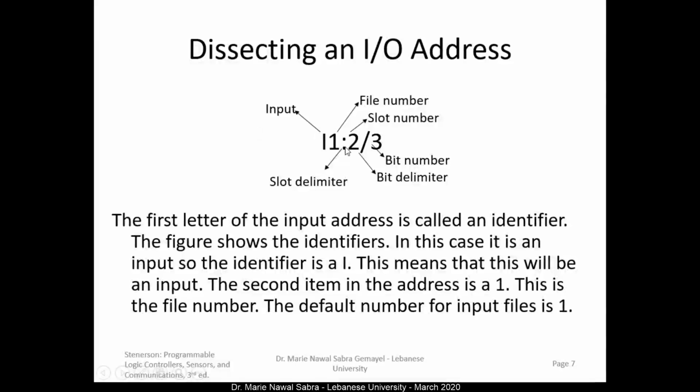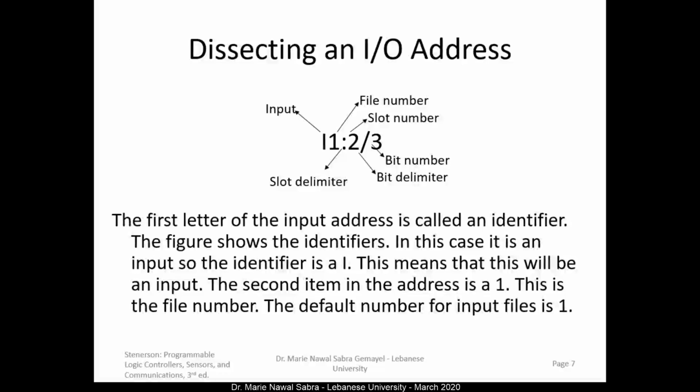This slot delimiter indicates which input module I am talking about, because sometimes you can have more than one input module, and each one can contain up to 16 inputs. Each digital input corresponds to only one bit in the memory, therefore every word in the file, which is 16 bits, can contain information for up to 16 different inputs.